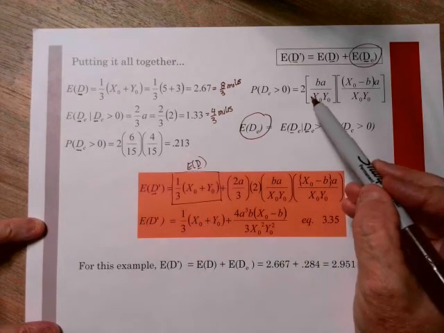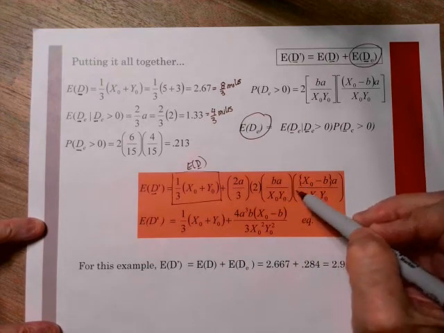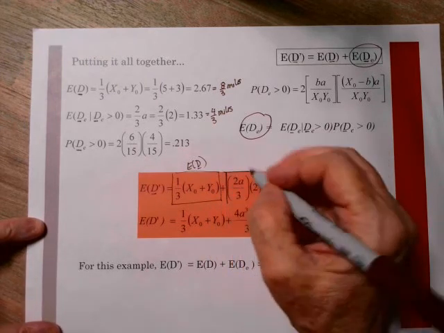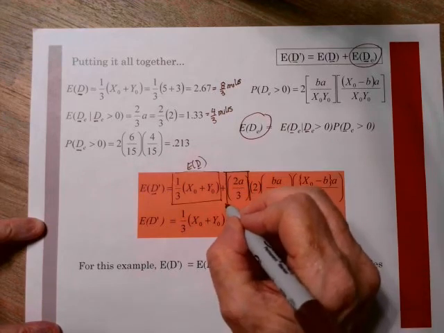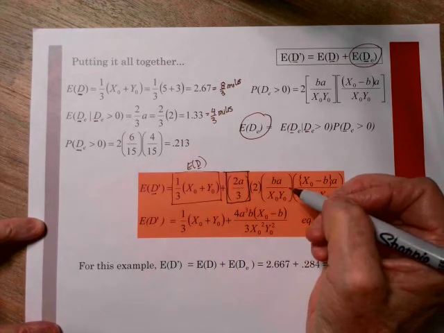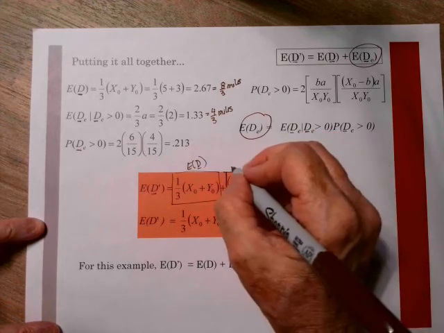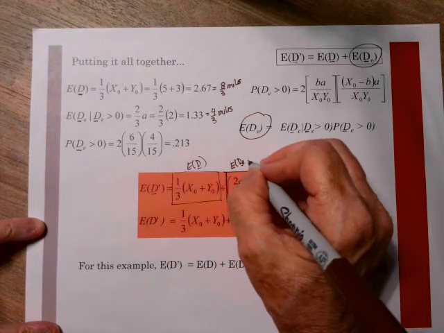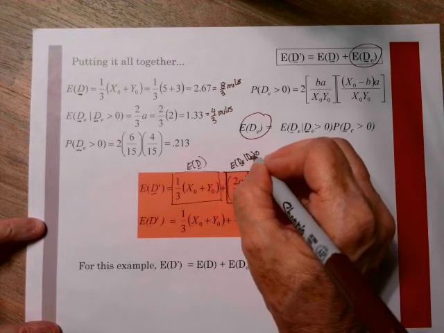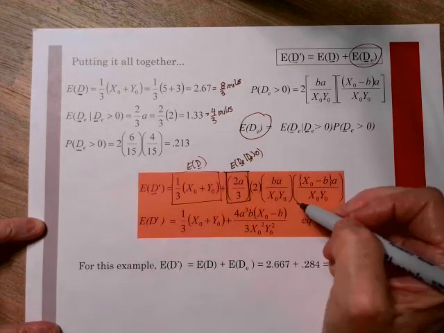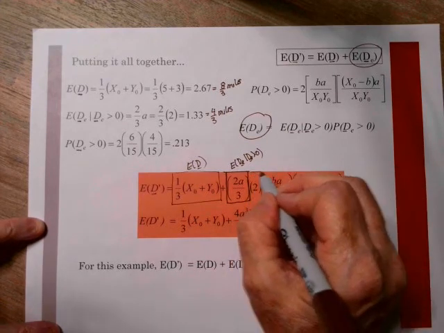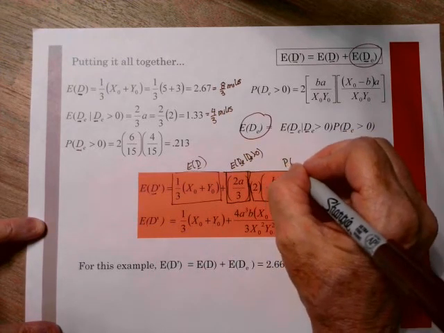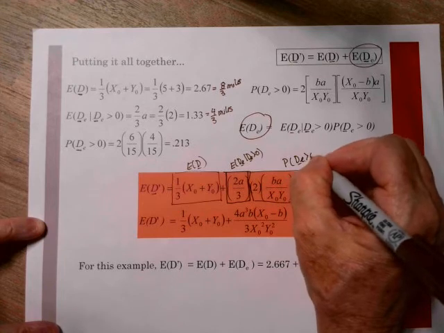This is 2 times BA, okay, right, so this right here is that 4/3 miles, and that would be the expected extra distance, given that the extra distance is bigger than 0, multiplied by, and that's what this is right here, this term is the probability that that extra distance is bigger than 0.